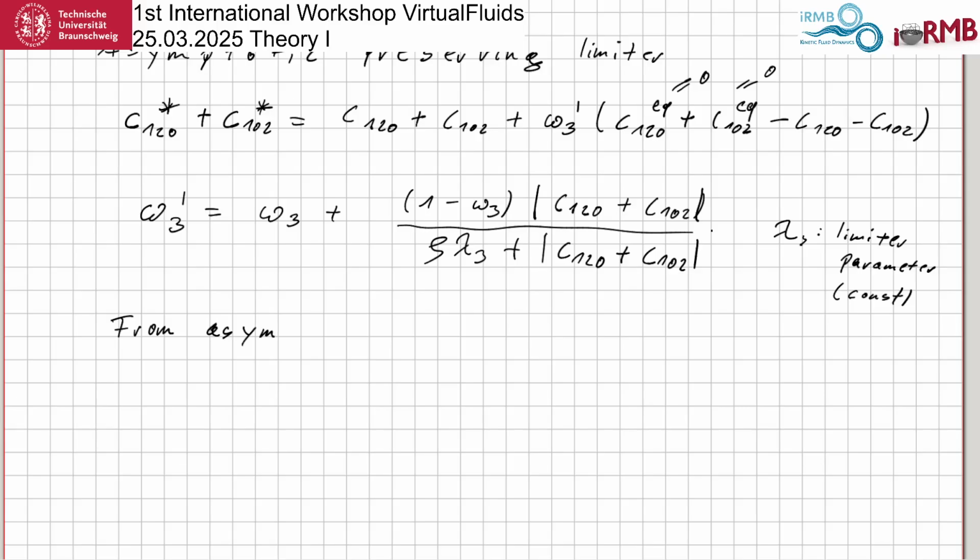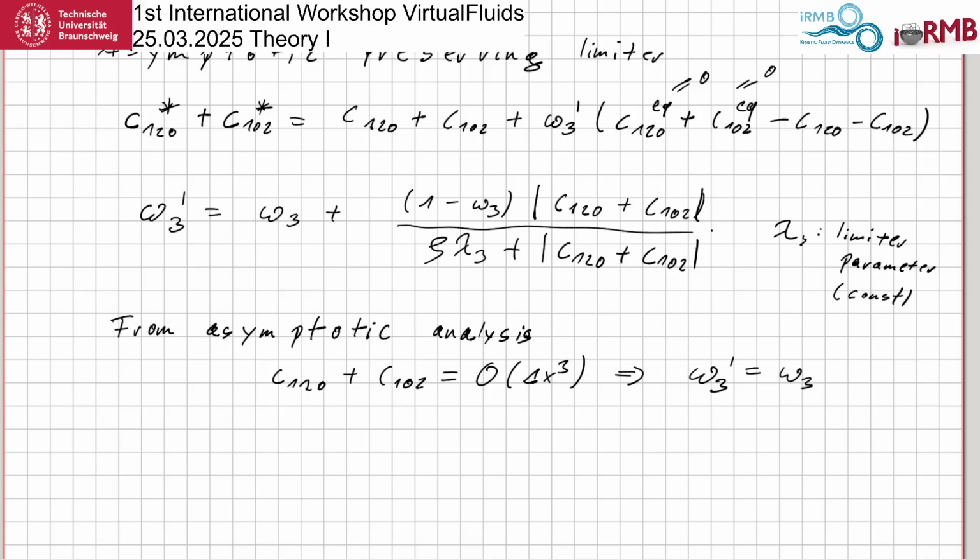So, from asymptotic analysis, we know that C120 plus C102 is of order delta x cube, such that omega 3 dash is omega 3 plus, maybe more accurately, it's velocity times, but this also is of order 3, because we assume that velocity is of order 1.